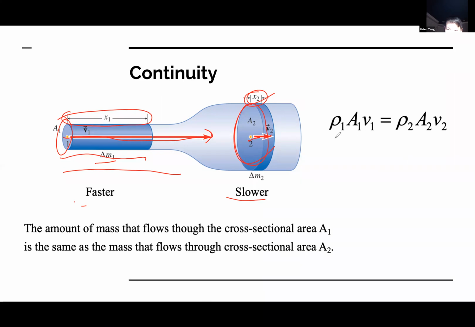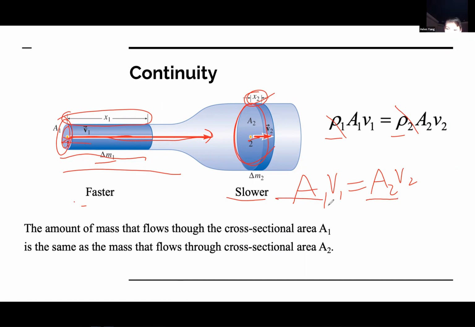You can see this equation here, and since the density is the same, which is probably going to be water, you can just cancel out the density in this part. So it's the area of one times the velocity of one is equal to the area of the second one times the velocity of the second. This is a smaller area and this is a larger area.